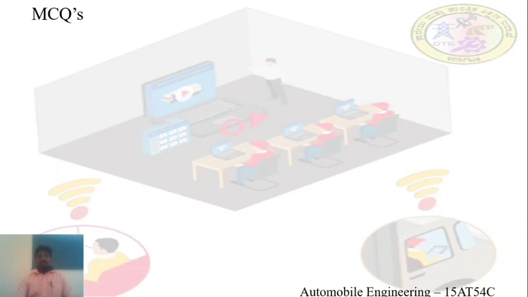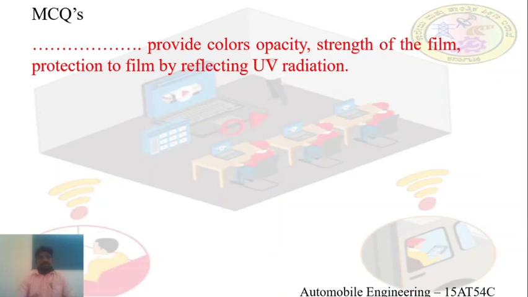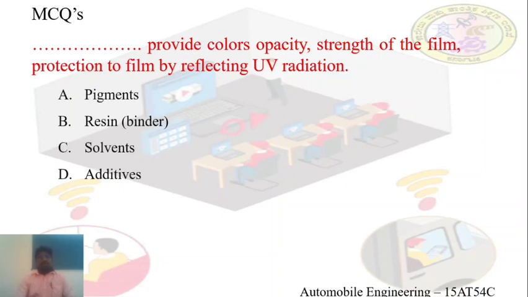Now if you go through the MCQs on this video, the first question is: dash provides the color, opacity, strength of the film, and protection to the film by reflecting UV radiation. The options are: option A, pigment; option B, resin or binder; option C, solvent; option D, additives.